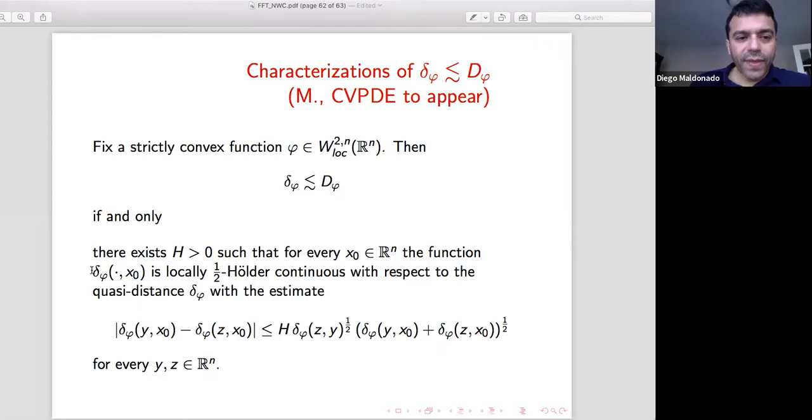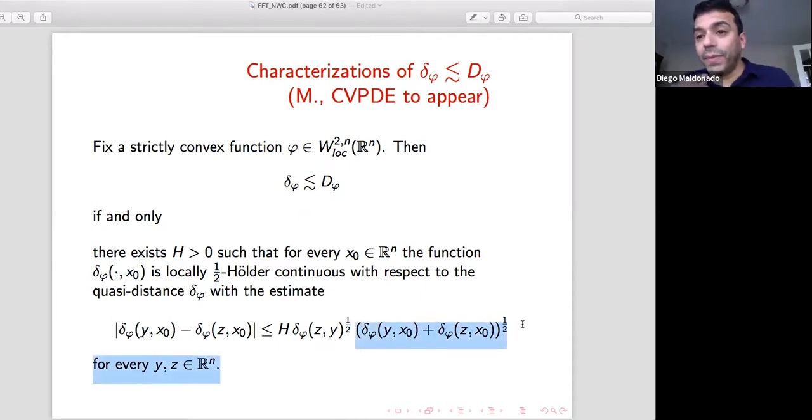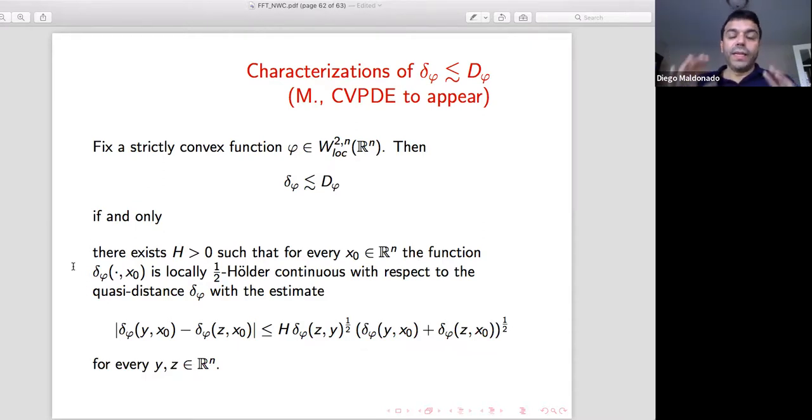Then, if this function is 1/2 Holder continuous with respect to itself, because I'm putting y there and z there, and here I have the Monge-Ampere quasi-distance between z and y, to the 1/2. That's why we say 1/2. This is just natural from the definition of Holder continuity in quasi-metric spaces.